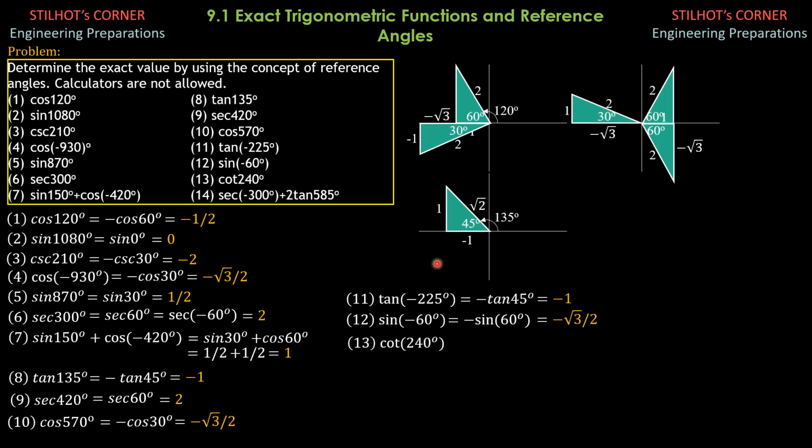Parts of 60 degrees are opposite square root of 3, but it is in the third quadrant, so it is negative.